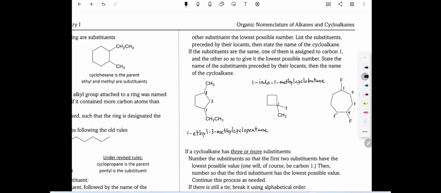And there are 7 carbon atoms in this ring. That's going to make the parent cycloheptane. So this compound would be 1,4-difluoro. Careful on spelling here. F-L-U-O-R-O. And then cycloheptane.